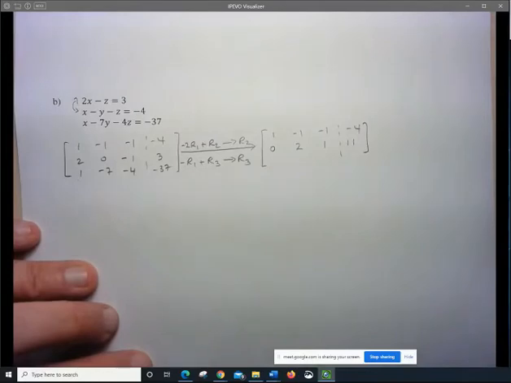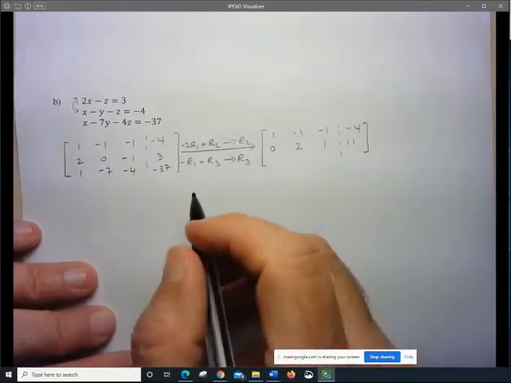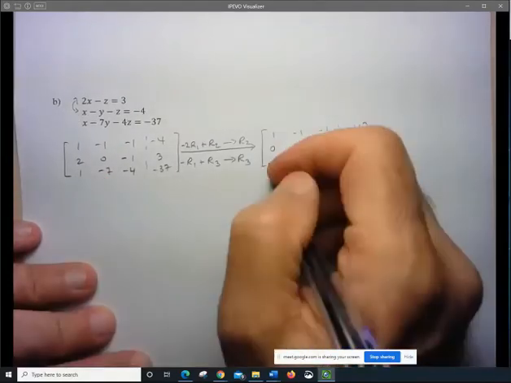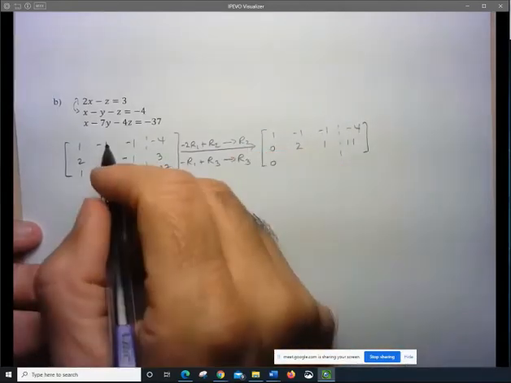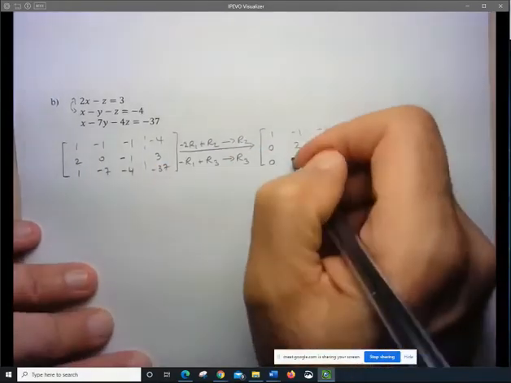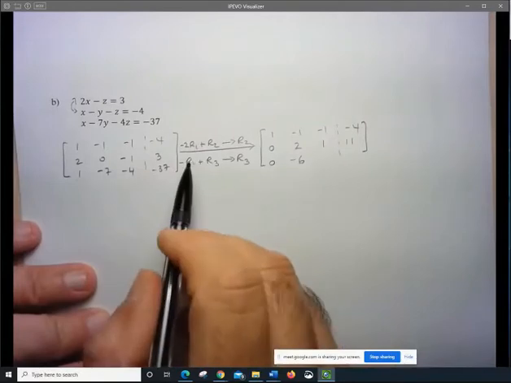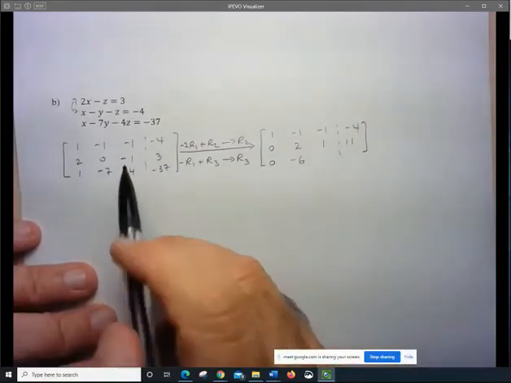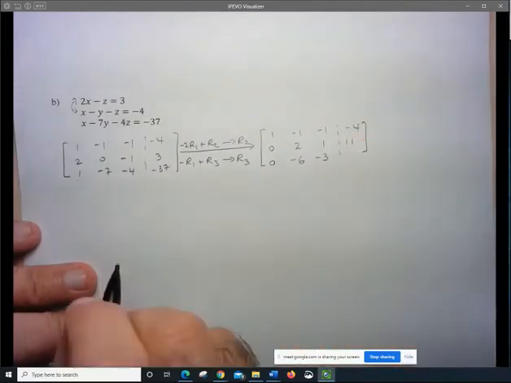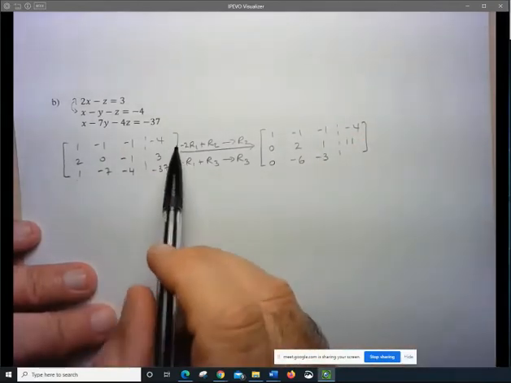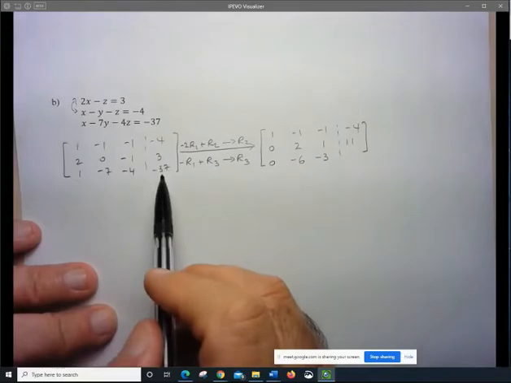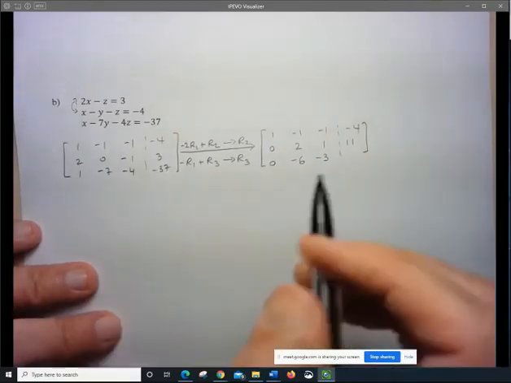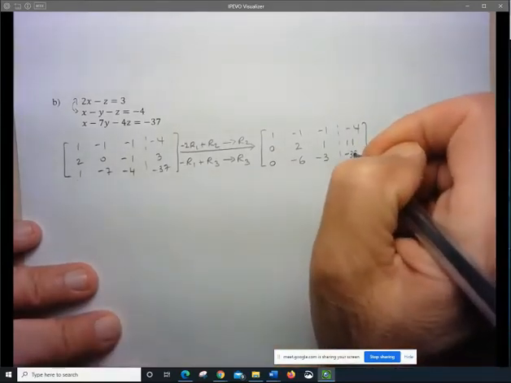So let's go to the next one here. Negative 1 plus 1 is 0. 1 minus 7 is negative 6. And then here we have 1 minus 4 is negative 3. And then here we have 4 minus 37, which is negative 33.